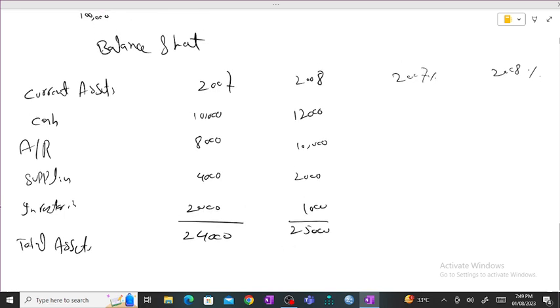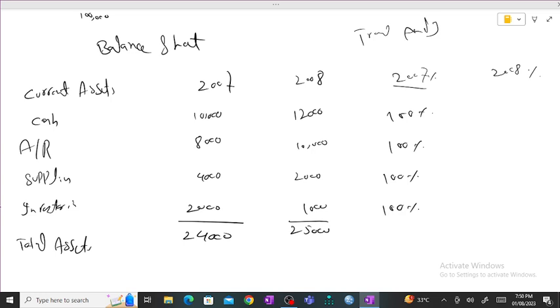What we are going to calculate is the trend analysis. You will make a comparison between these two. For example, we have 10,000, and whenever we divide it by the base year, which is 10,000, it would remain 100%. So all these things would remain 100%.